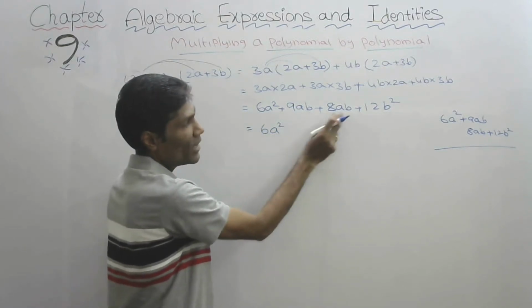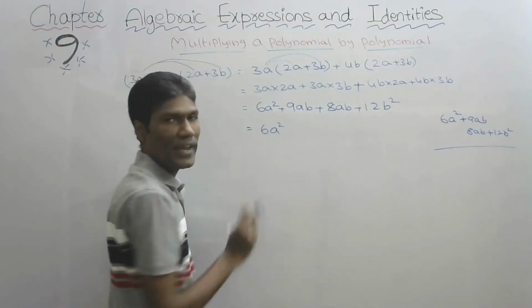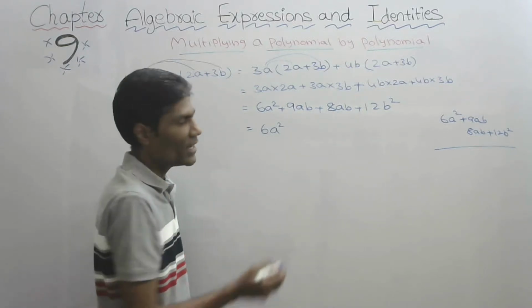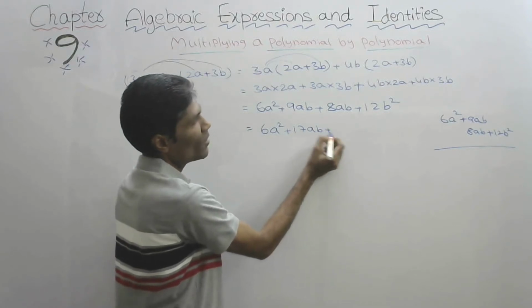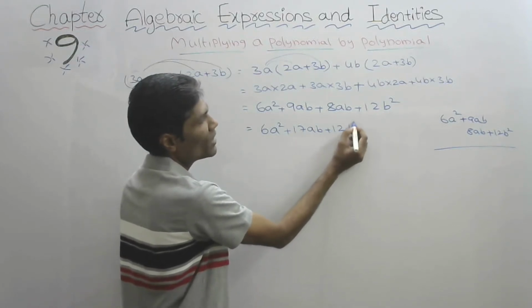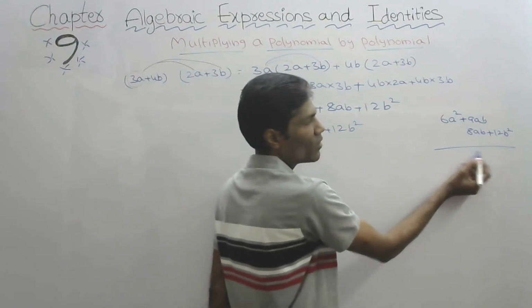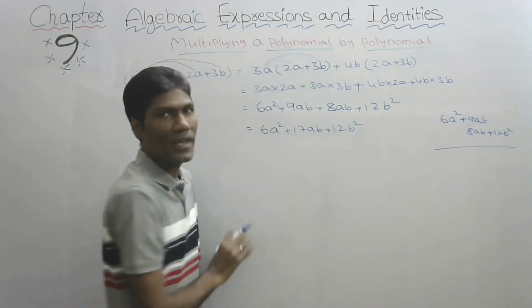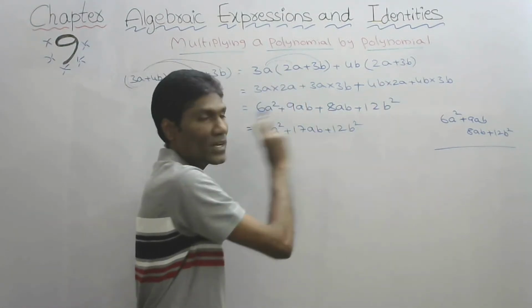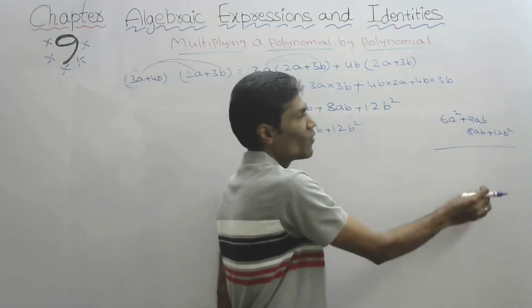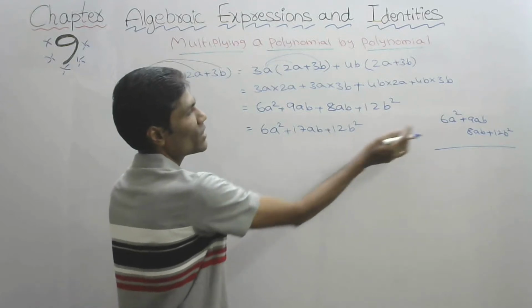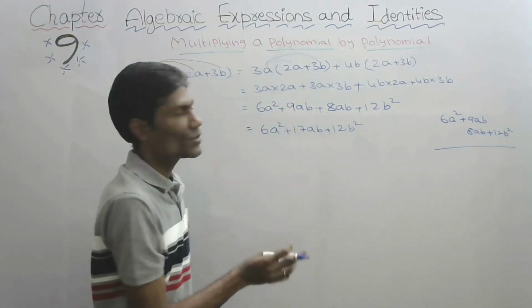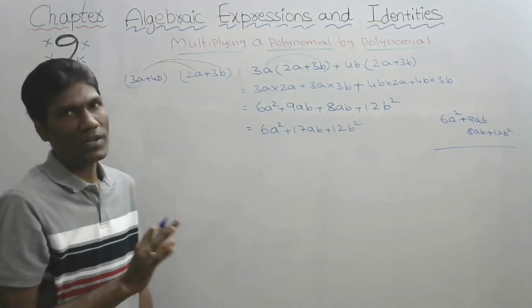Then ab, 9ab plus 8ab, 9 plus 8, 17ab, plus 12b square. This is called horizontal method and this is called vertical method. So the process we understood.